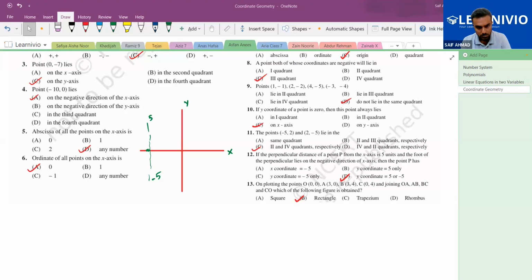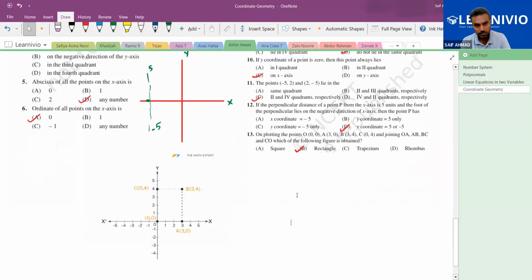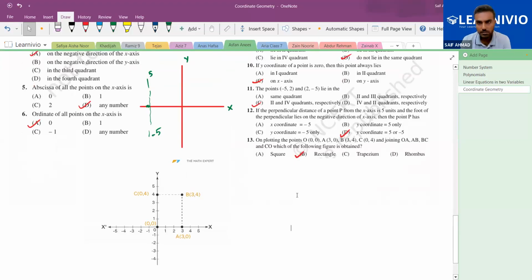Sakshi, this is the figure. The points are (0, 0), here; (3, 0), here on the x-axis; (3, 4), here in the first quadrant; and (0, 4) lies on the y-axis. You can see opposite sides are equal, opposite distances are equal. So it is a rectangle. Understood?